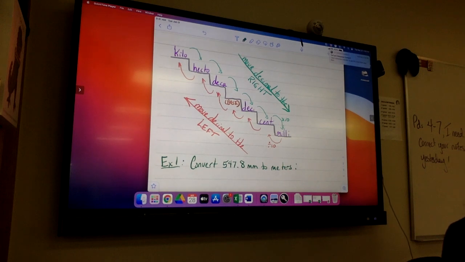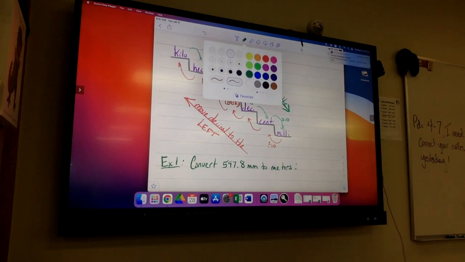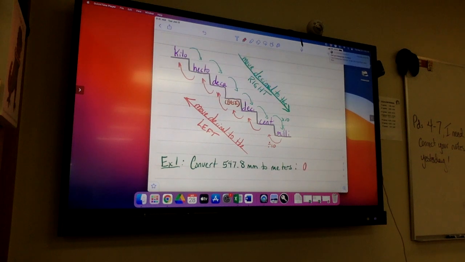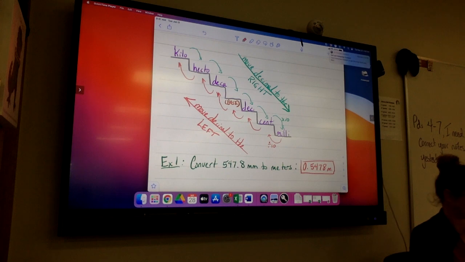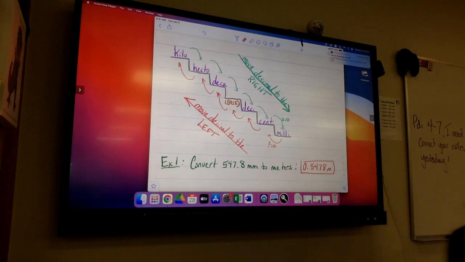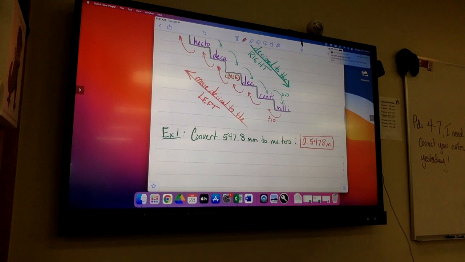Or divide by 1,000. So, that is going to be 0.5478 meters. Yes? Pretty simple? Let's see if you can do the next one on your own.